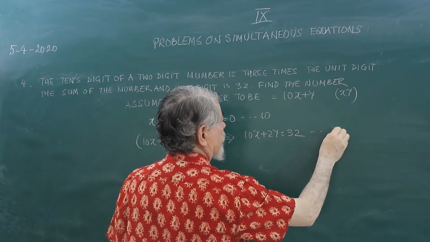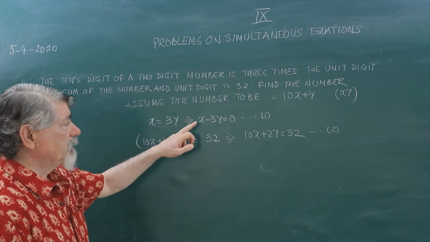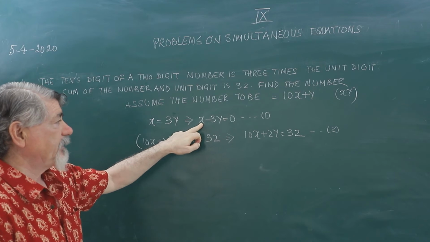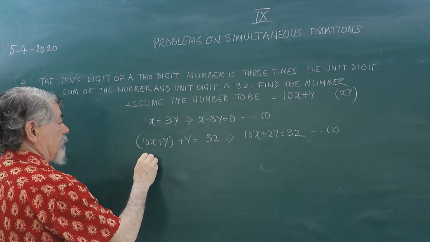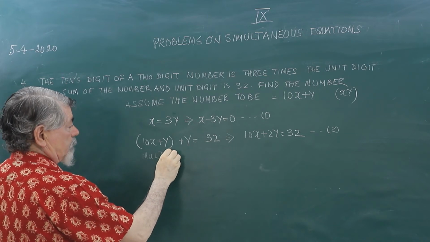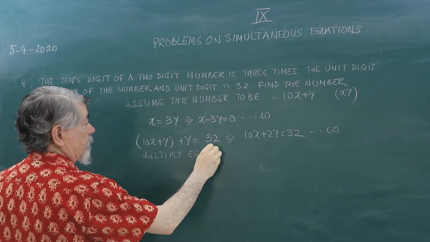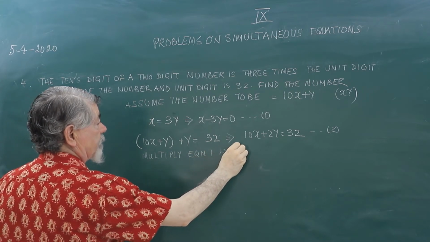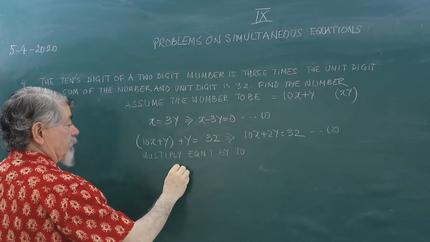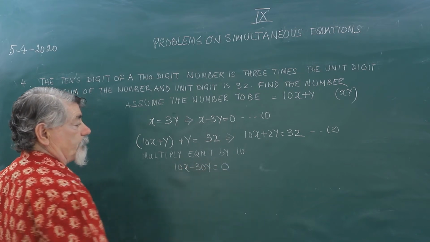Let's take this as equation 2. Now solve equations 1 and 2. I can multiply equation 1 by 10. Why by 10? Because here 10x is there, so I'll convert this into 10x. So 10x minus 30y is equal to 0.